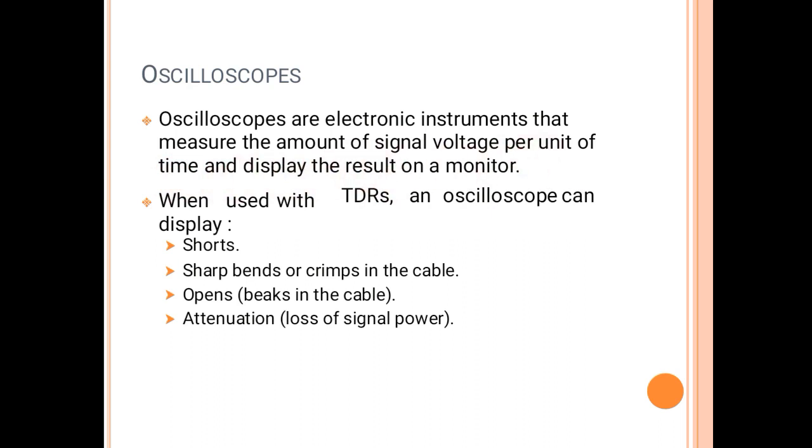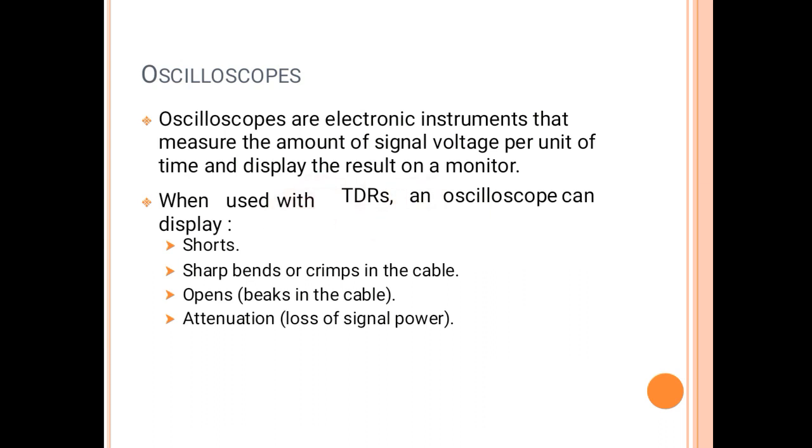And when used with a TDR, an oscilloscope can display shorts, sharp bends or crimps in the cable, opens, meaning breaks in the cable, and attenuation, loss of signal power. So this is our display on an oscilloscope meter with TDR.